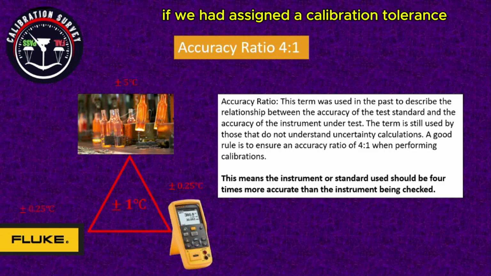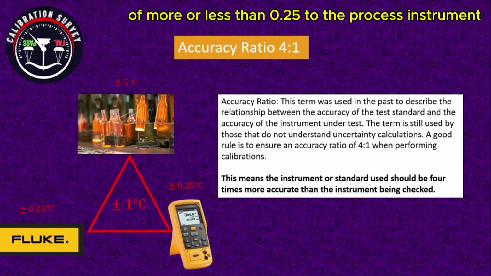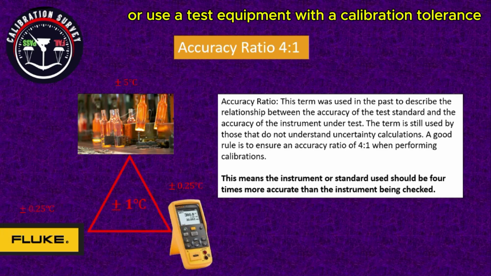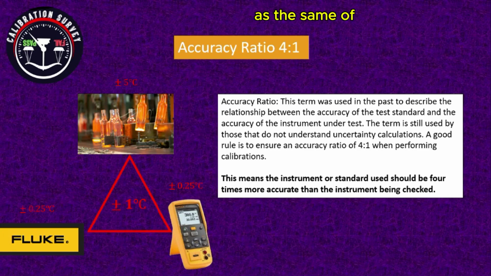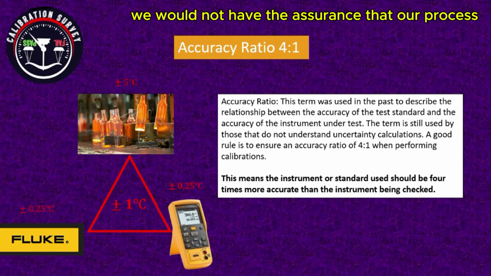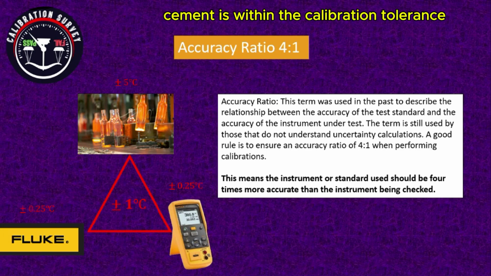If we had assigned a calibration tolerance of more or less than 0.25 to the process instrument, or used test equipment with a calibration tolerance the same as 1 degree more or less, we would not have the assurance that our process instrument is within the calibration tolerance.